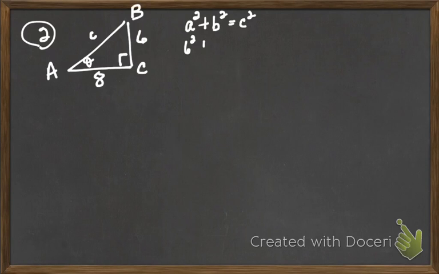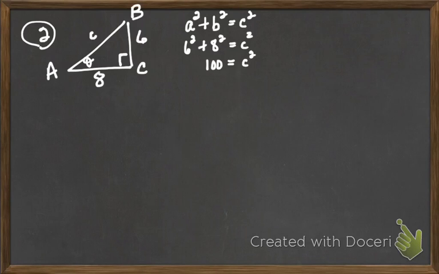So it doesn't really matter what A or B is, but you have to make sure you get C right. C is always the hypotenuse, which is the side opposite of the right angle. So you could do 8 squared plus 6 squared or 6 squared plus 8 squared. I would take my calculator and do 6 squared plus 8 squared, unless you can do that in your head. That's 100. So 100 equals c squared.